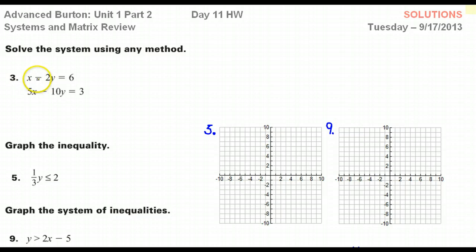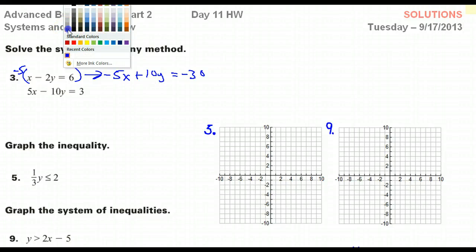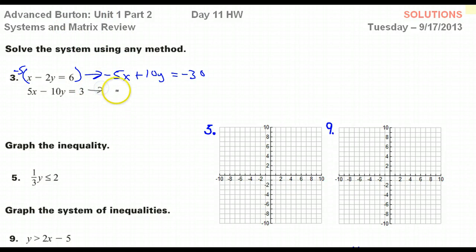Let's say if I want to get rid of the x's, I might multiply the top equation by -5. Then this will become -5x plus 10y is equal to -30. Now the bottom equation can just stay what it is, because it didn't get multiplied by anything.